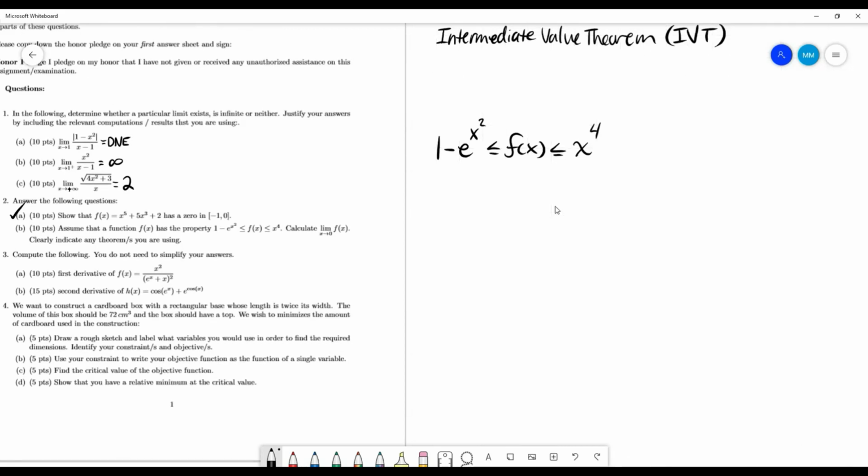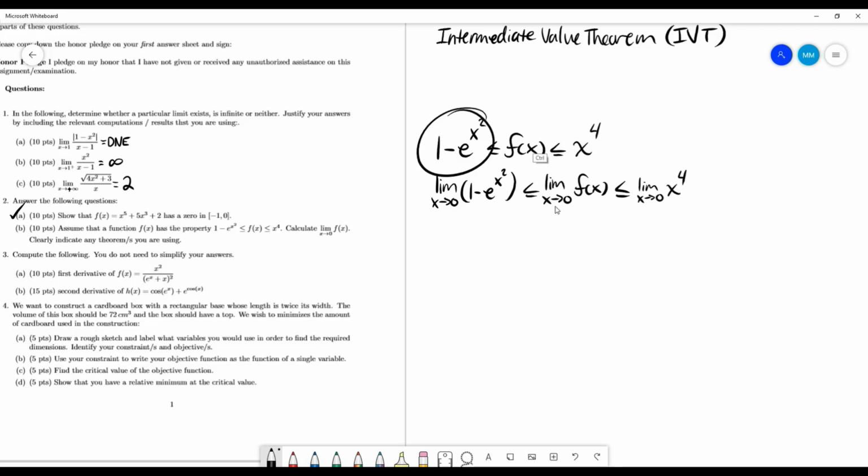Which means, and we will check now, let me take the limit of this. So if this is true, then of course the limit as x approaches 0 of this first thing is going to be less than or equal to the limit as x approaches 0 of f of x, which is going to be less than or equal to the limit as x approaches 0 of x to the 4th.